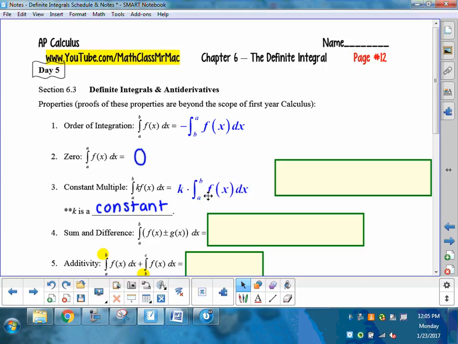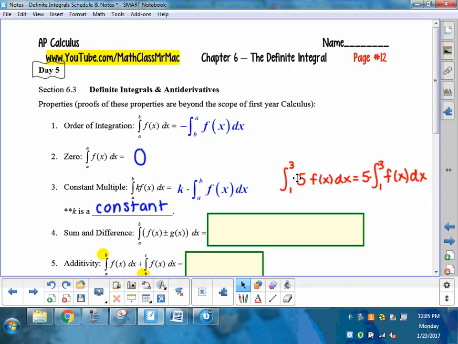If there's a multiplier in front, like 2 times f of x, you can rewrite it with that as a multiplier out front. It's just a scalar, so you take the area and multiply it, in this case, by 5. So if I had the integral from 3 to 1 of 5 times f of x, that's the same as 5 times the integral from 3 to 1 of f of x. Make sure you write them down. It's not a watch and see. Make sure pencil meets paper.